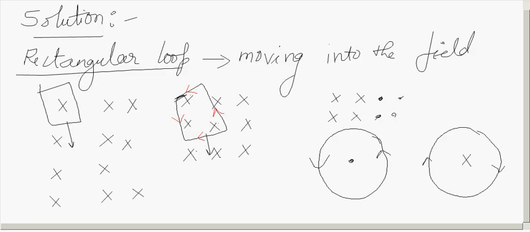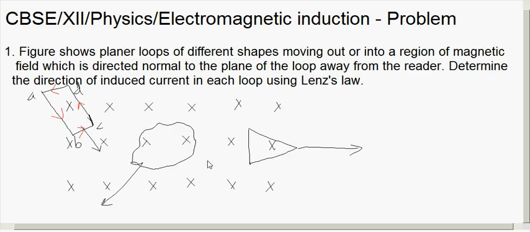What happens when it is moved away from the field? The cross magnetic field reduces, or the field lines which the loop links reduce. The flux linking the loop reduces. The current induced must oppose this.